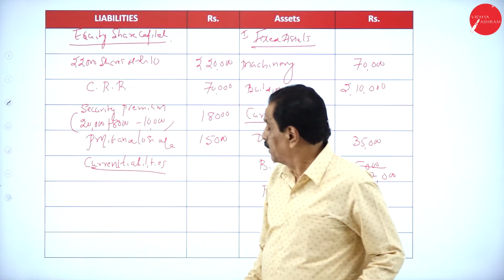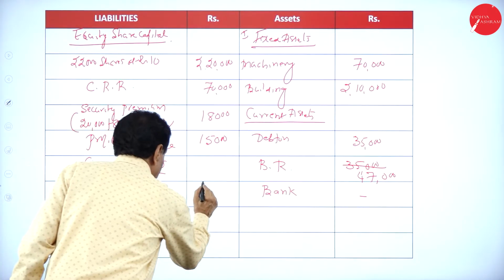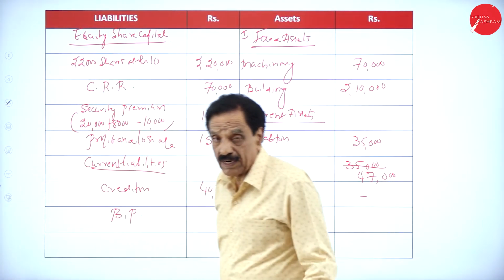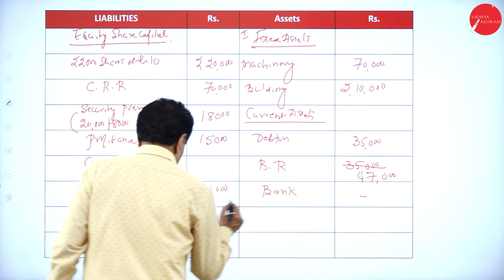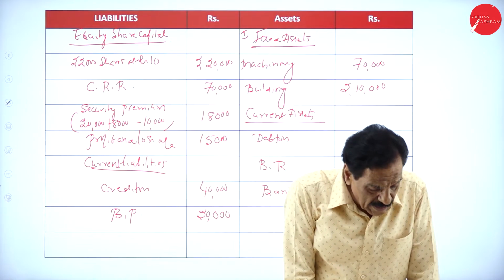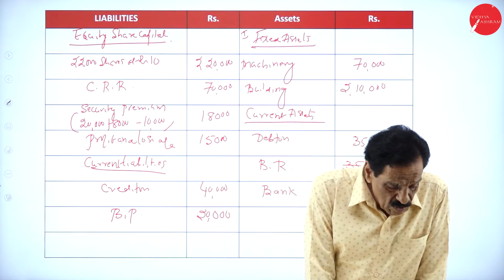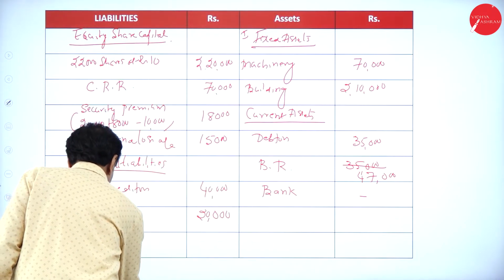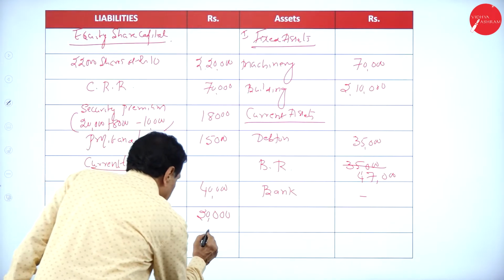So 40,000 and 20,000, add. Then bank overdraft, 9,000.